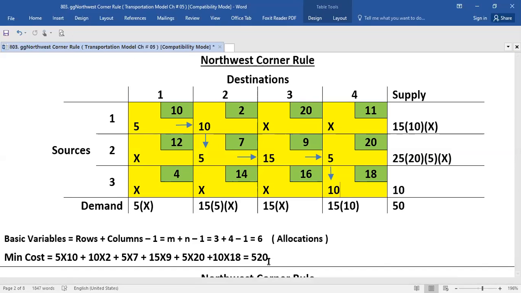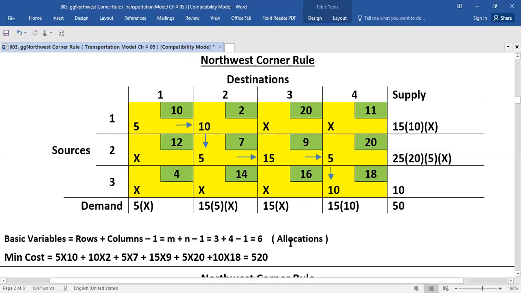I have completed this northwest corner rule. This is the new style for you. So you should practice this method after making a blank table, putting cost in it and supply in it with the demand. So keep practicing in this way. I think you will understand all the styles in a very meaningful manner.